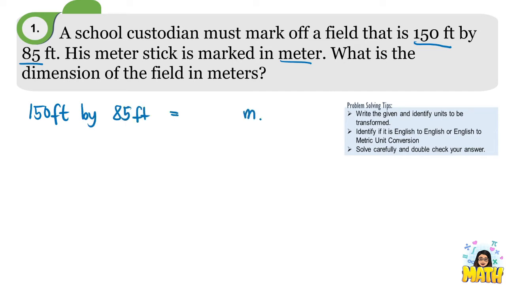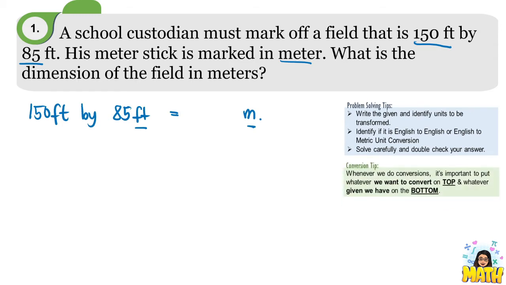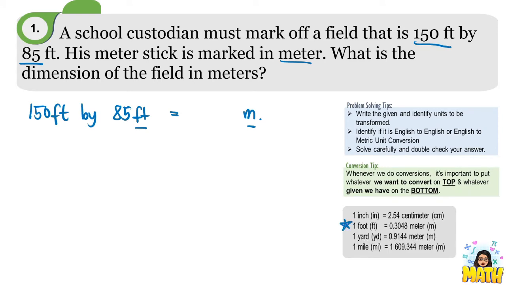Next, let's identify kung English to English unit ba to or English to metric conversion. So from feet to meters, this is English to metric units. We need to find yung conversion table na meron English to metric. So we can use this. 1 foot equals 0.3048 meter.